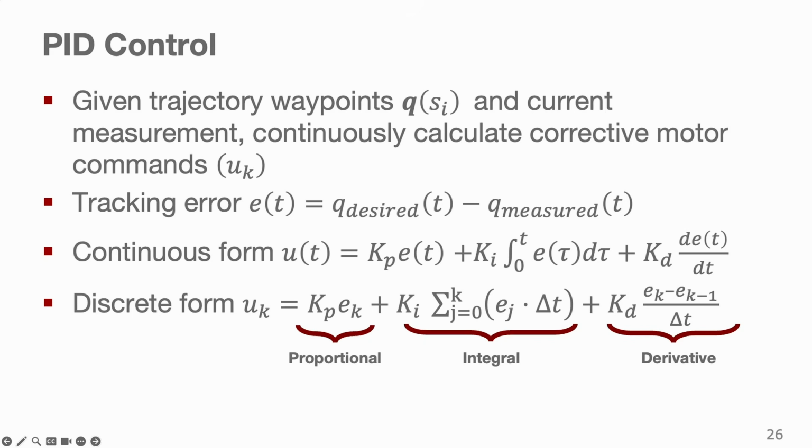One last note on robot control. Now we have determined how we can generate a set of joint configurations and waypoints to interpolate smoothly between them.